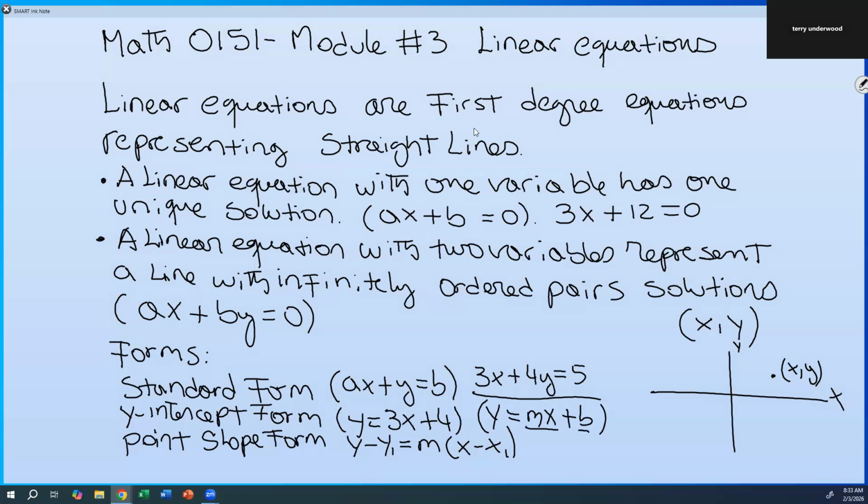And then the other linear equation form that we're working with is the point-slope form: y minus y1 is equal to m times x minus x1. Well, that is the foundation of linear equations. Let's go solve some of these equations and have some examples.